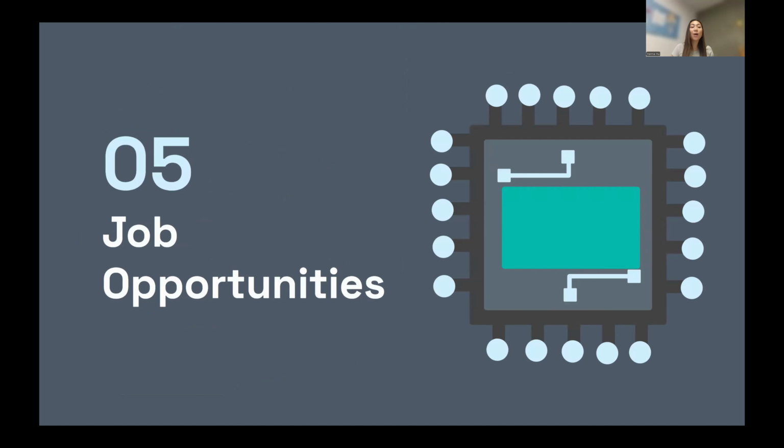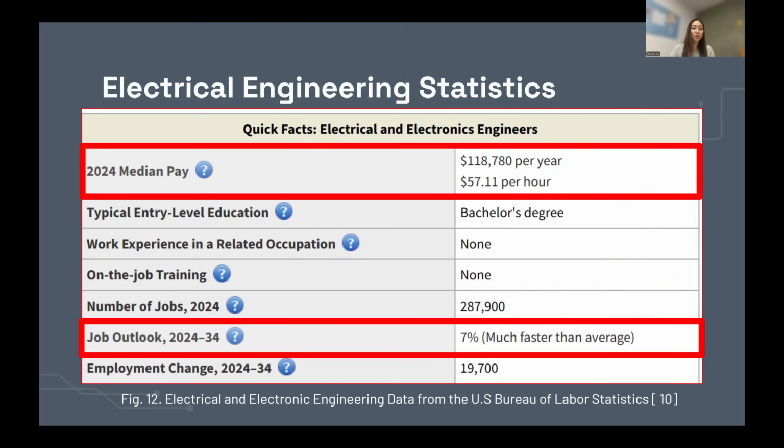Okay, so now I will briefly go over some EE job opportunities in case you're interested in a career in electrical engineering. This is a screenshot from the US Bureau of Labor Statistics with data from 2024. I would like to bring your attention to two key elements. First, the median pay for an electrical engineer in 2024 was $118,780 per year.